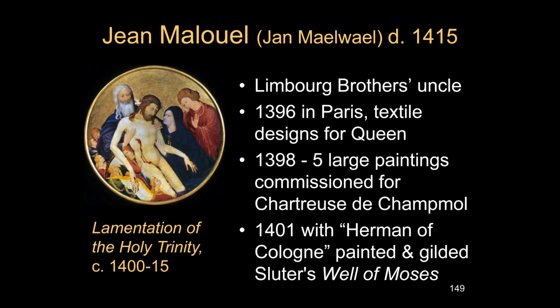He was one of the people who painted and gilded Sluter's Well of Moses, and according to some of the records, he started painting some of the finished statues of the prophets before Sluter had created all of them. So there must have been a push to get these works done so that the monks could have them while they are praying, I guess.